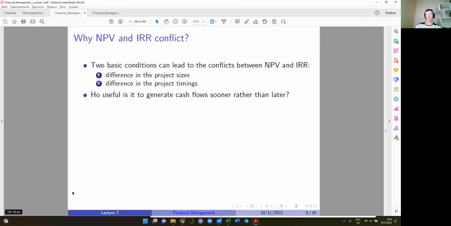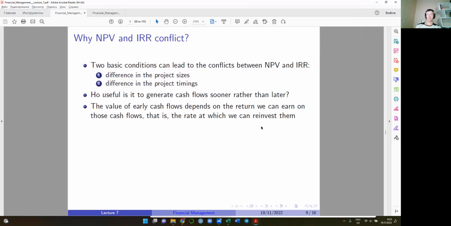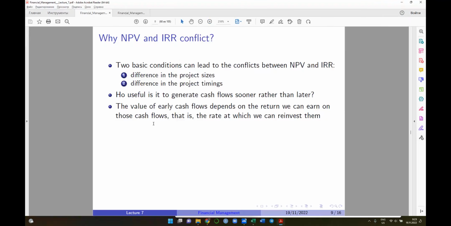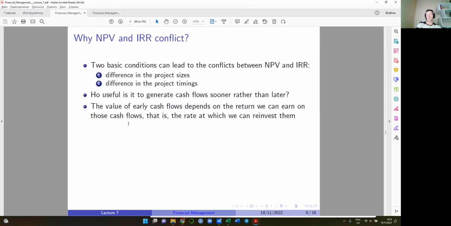Is this good? How useful is it to generate cash flow sooner rather than later? So basically, the question is, do we really want to earn money earlier? What should we do with them? We are not talking about consuming money.